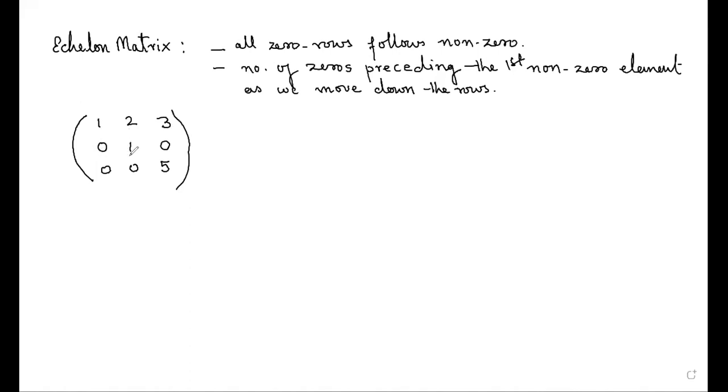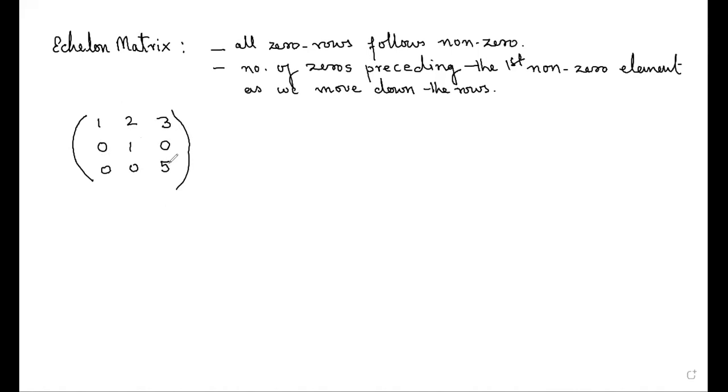Since the total row contains 2 zeros, but we are going to consider only one because it is preceding the first non-zero element, right? Now, as we move down the rows, for the third row, the number of zeros preceding the first non-zero element is how much? 2.